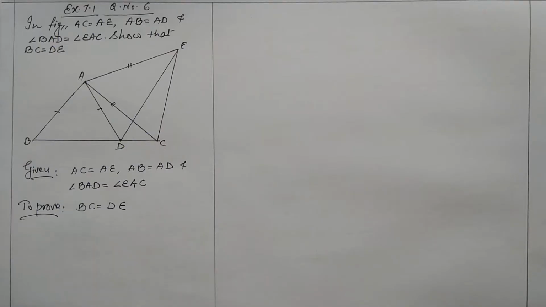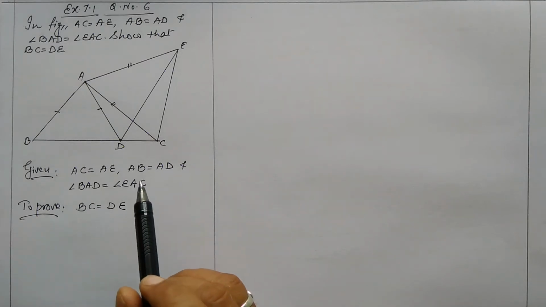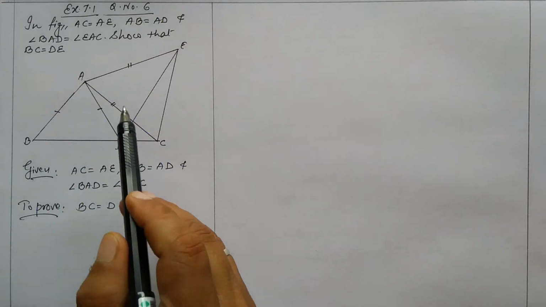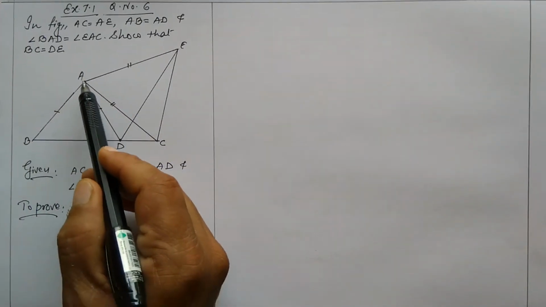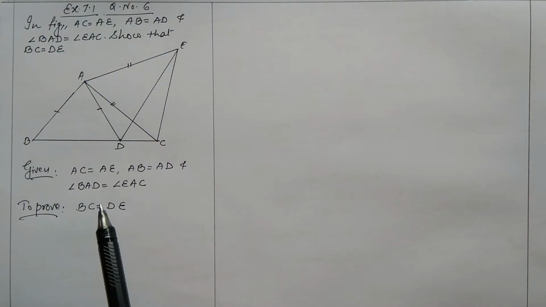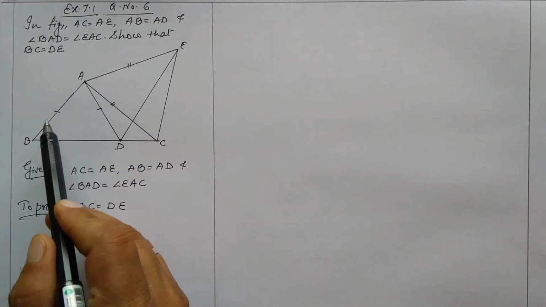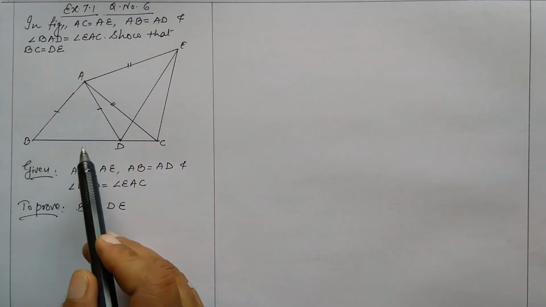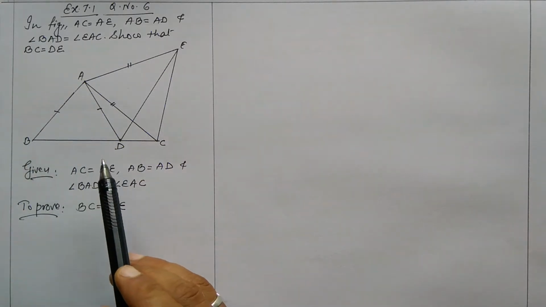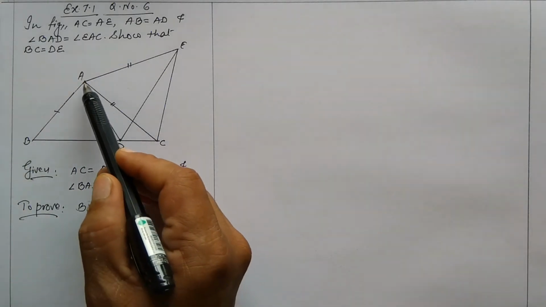Let us see now question number 6 of exercise 7.1. If you observe this figure, then you will understand AC is equal to AE given to you, and AB is equal to AD. Now when you say AB is equal to AD, then you are focusing on triangle ABD, and you are getting triangle ABD as an isosceles triangle. Same is the case with triangle ACE.